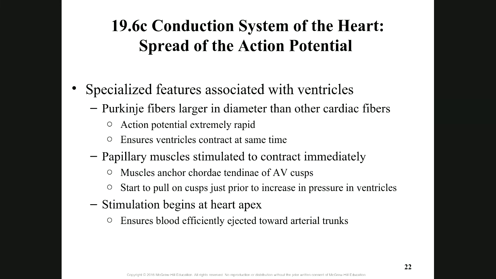There are specialized features associated with our ventricles. One of them is the Purkinje fibers. The Purkinje fibers are larger in diameter than the other cardiac fibers. The action potential is very rapid in these fibers, and it ensures the ventricles contract at the same time.